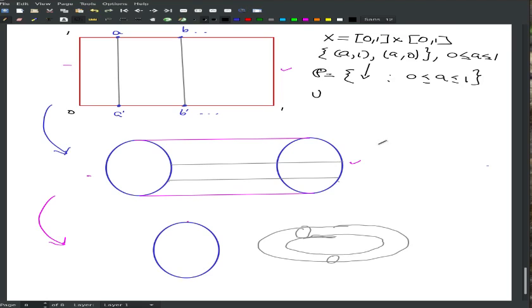Plus, there is something more, because what about the interiors? They are the singletons.